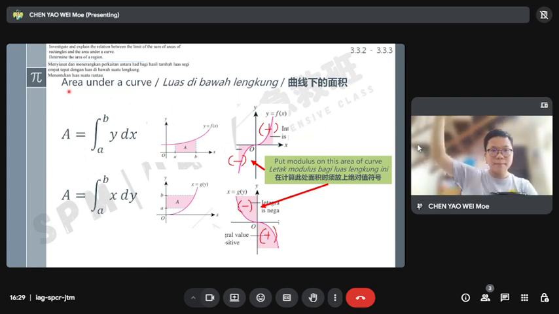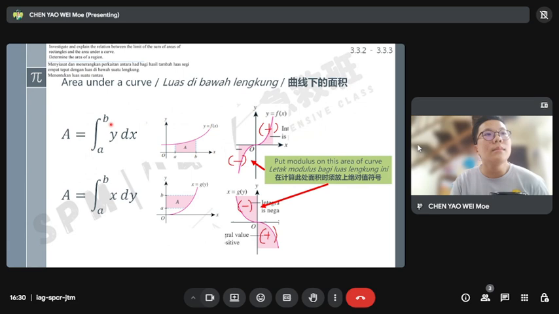Given a curve, the question asks you to find the area under the curve, from here to here. If I put infinity, the curve can be very, very long and never end, so it's very hard to find the area. So if I say a certain area, a certain amount from here to here, what is the area? I will do it like this.